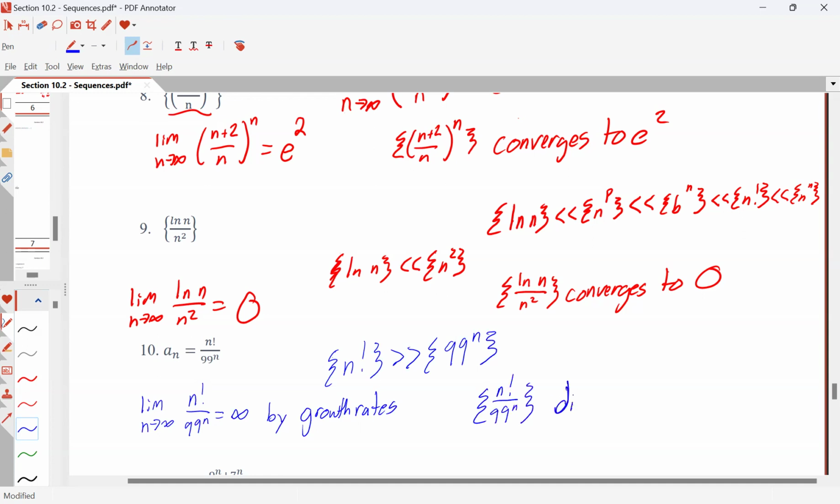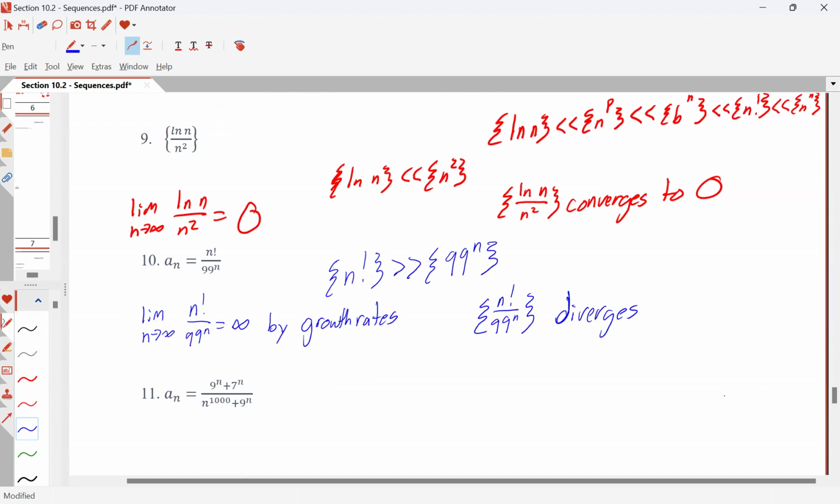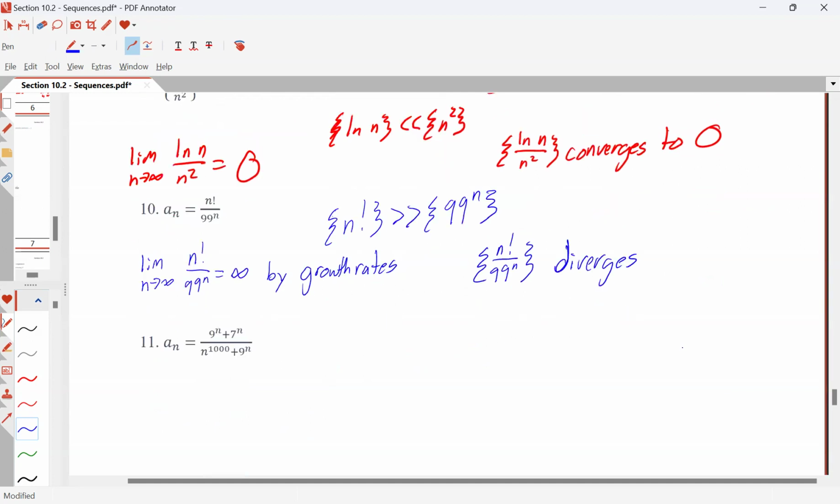diverges. And our last example is taking this idea of growth rates and our function ideas and combining them together. When you first were learning limits of functions and learned the rational rules of look at the degrees, you would divide by the largest power in the denominator. Well, when we take growth rates, we can do the same thing. We can divide by the largest thing in the denominator.